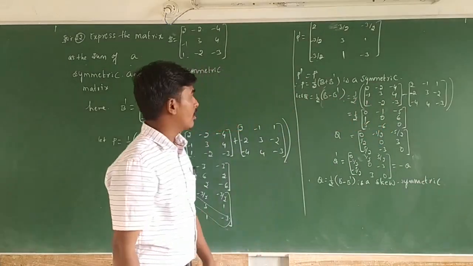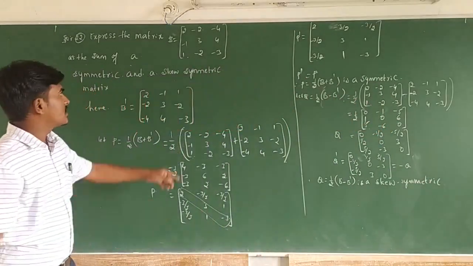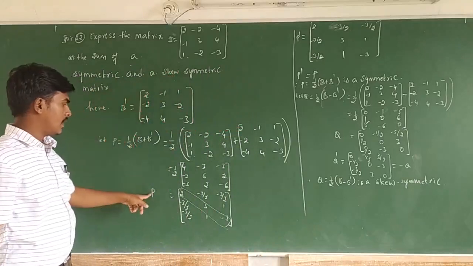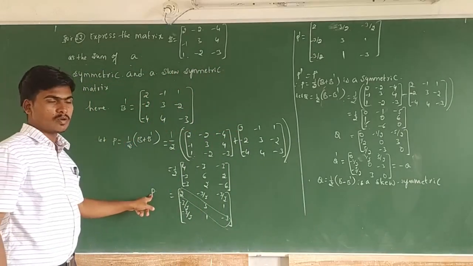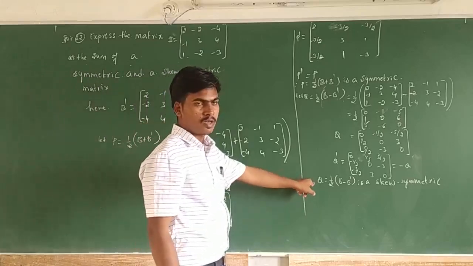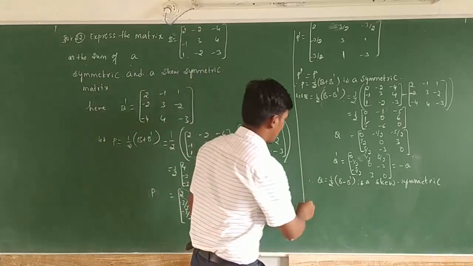So what we have to show is that matrix B is a sum of a symmetric and a skew symmetric matrix. We have shown that matrix P is a symmetric matrix and matrix Q is a skew symmetric matrix. So now add the two matrices.